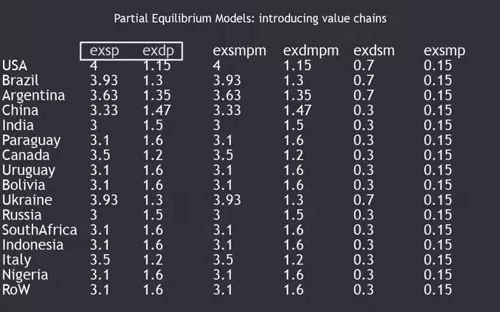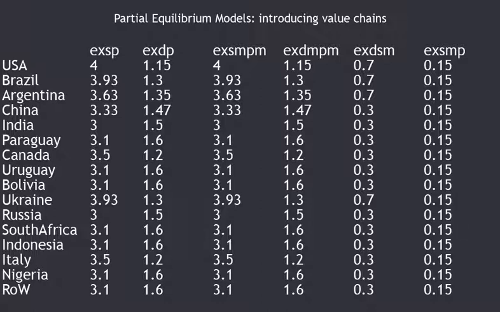So EXSP is the elasticity of the supply of soy with respect to the local price of soy, and EXDP is the elasticity of the demand for soy with respect to the local price of soy.